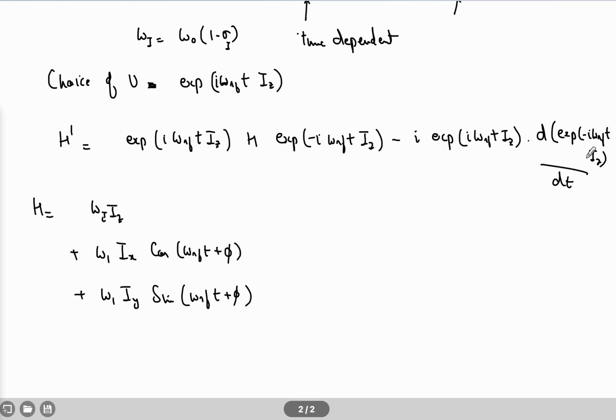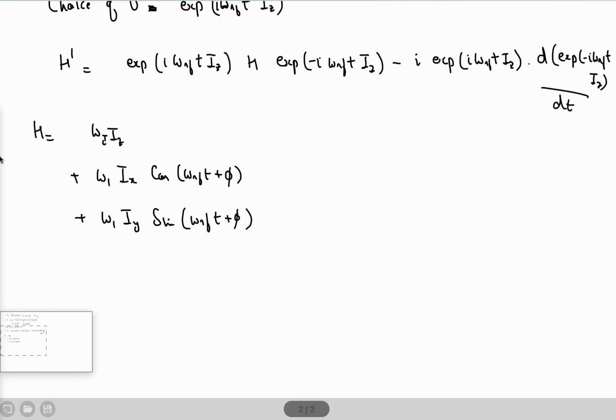So let us first calculate this portion over here, which is easy to calculate, so that we can calculate the complete H prime. Okay, so let's see what happens to minus i U dU inverse by dt when U is given in this form.